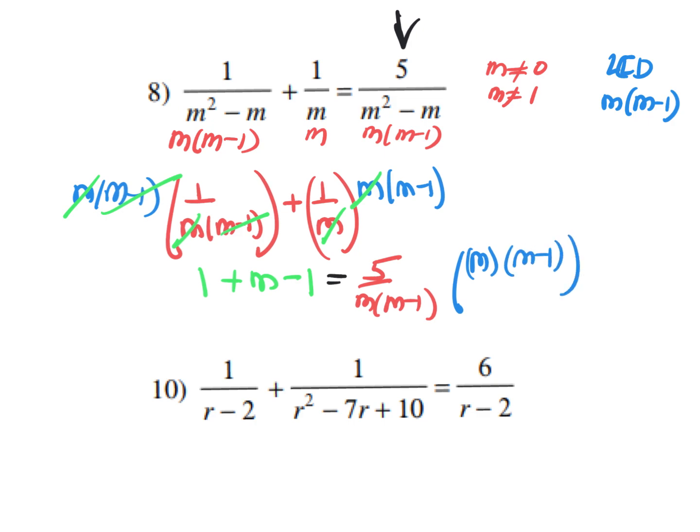And so those would both cancel out. The m would cancel out with the m, and the m minus 1 would cancel with the m minus 1. That's going to leave us with the equation 1 plus m minus 1 equals 5. The 1 minus 1 will leave us with an m, and m will equal 5.